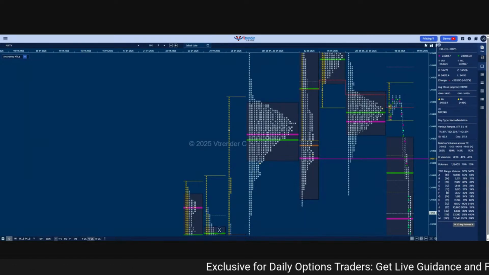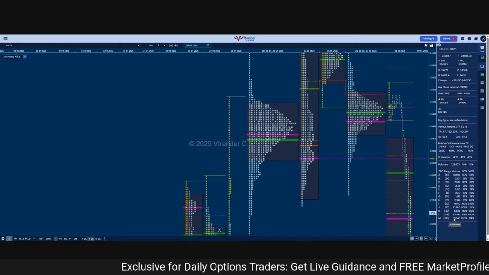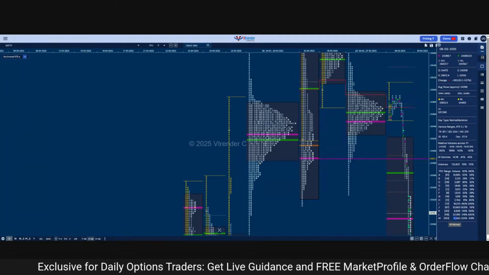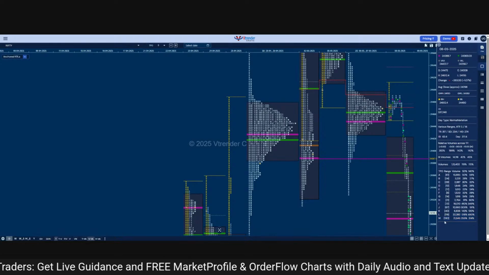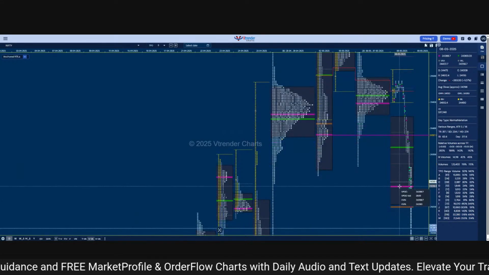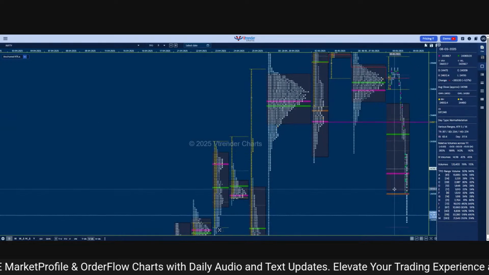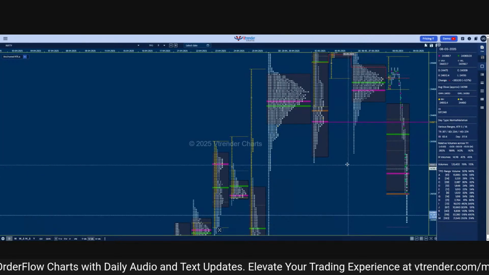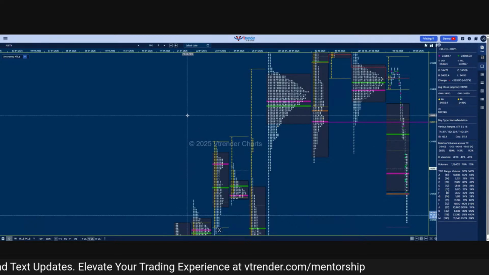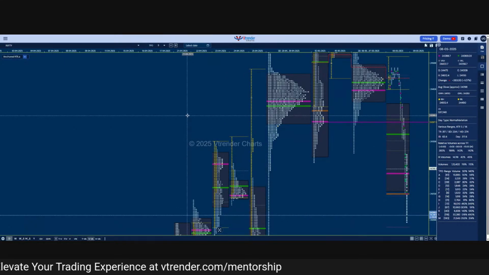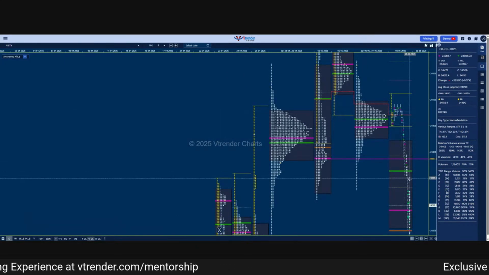So that is what happened, and it continued in M. M was only 15 minutes, still it clocked 21,000 contracts. So the highest volumes came into the close, and we have just closed as a spike. Although it's a trend day down, we will also have this spike rules which will be active for the next session. So this is how now you know this is a fresh imbalance which has started.